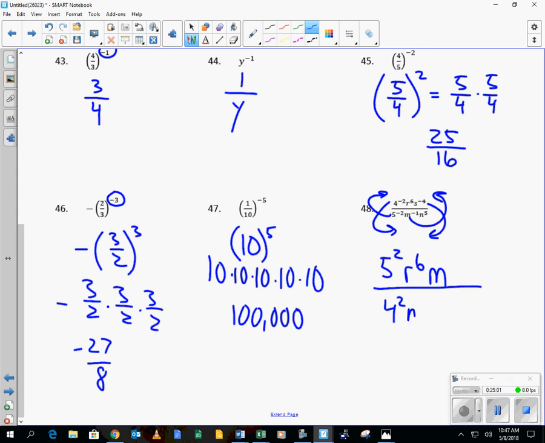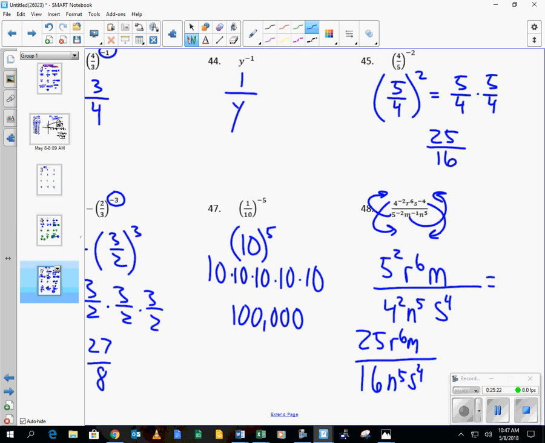N to the 5th stays down, and s to the 4th joins it. I can square the 5 to get 25. I have an r to the 6th m on top, and in the denominator I have a 16, n to the 5th, s to the 4th. So that takes care of it.